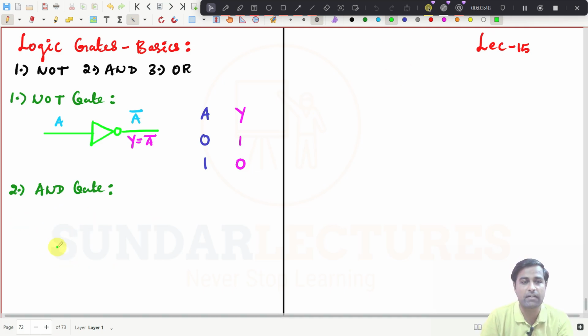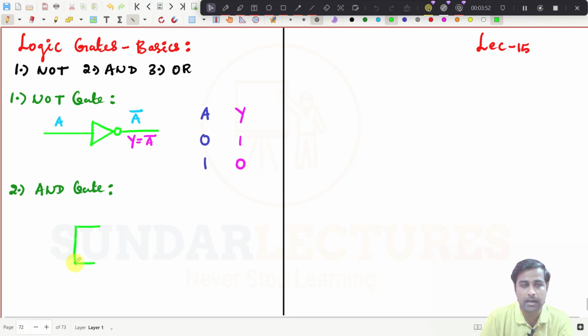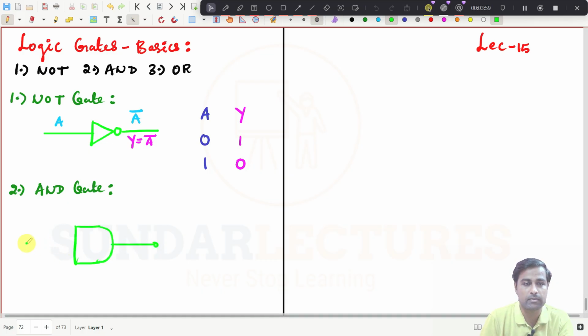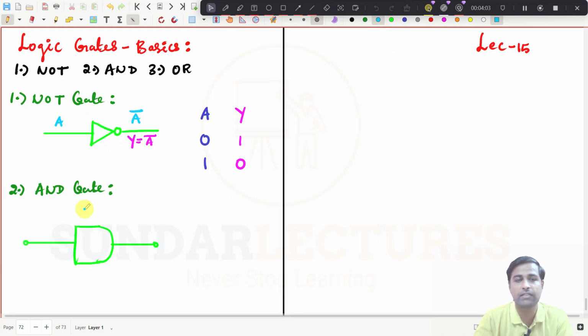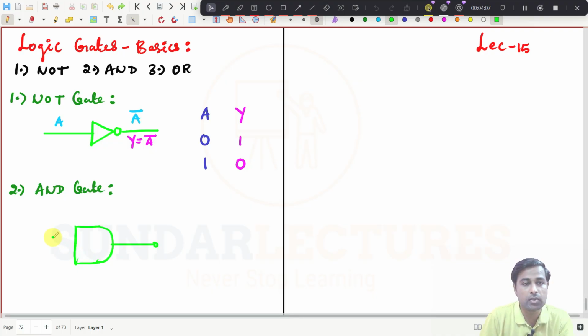What is the symbol of the AND gate? It will be like this. You just draw like this, and this will be your output. This is the input, and here you will have two inputs.